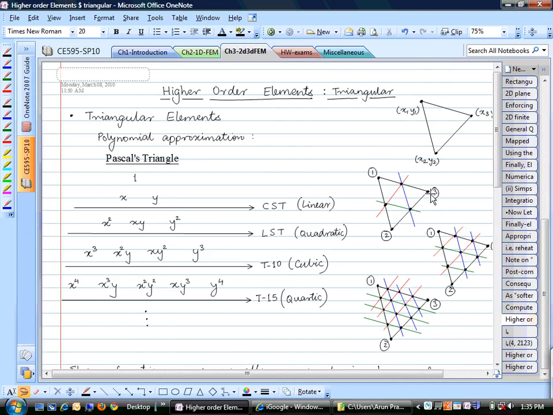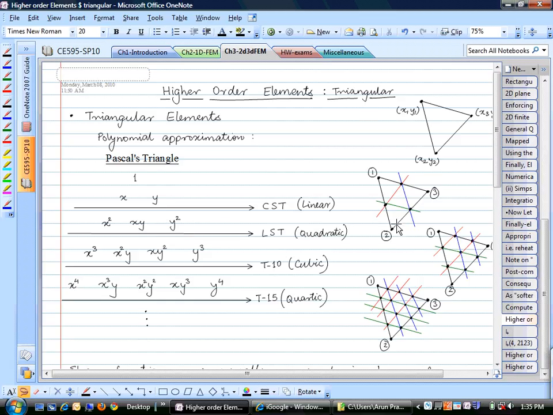Similarly, we can construct higher order elements. So in this case, you have a T6 element, which is also called the linear strain triangle. What that means is that we are approximating displacement within this triangle as a quadratic function.